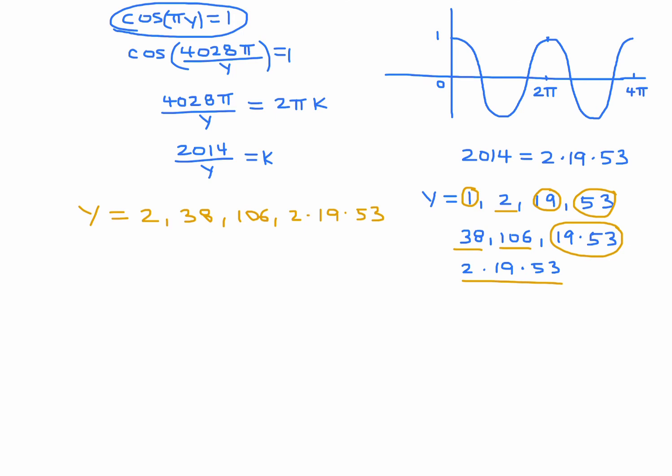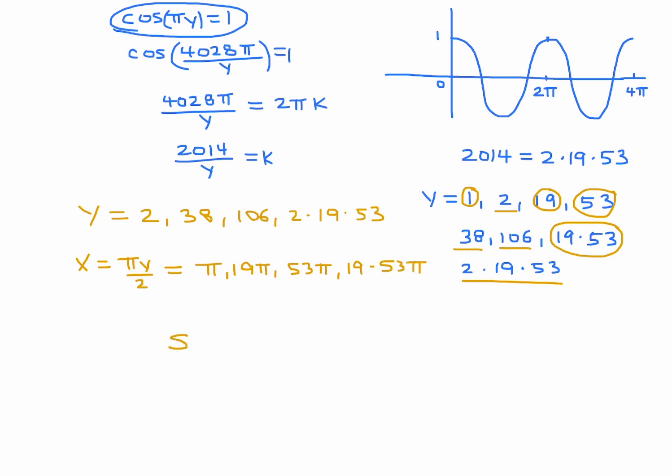So remember, my original substitution was x is equal to pi y over 2. So that means x will be pi, 19 pi, 53 pi, and 19 times 53 pi.